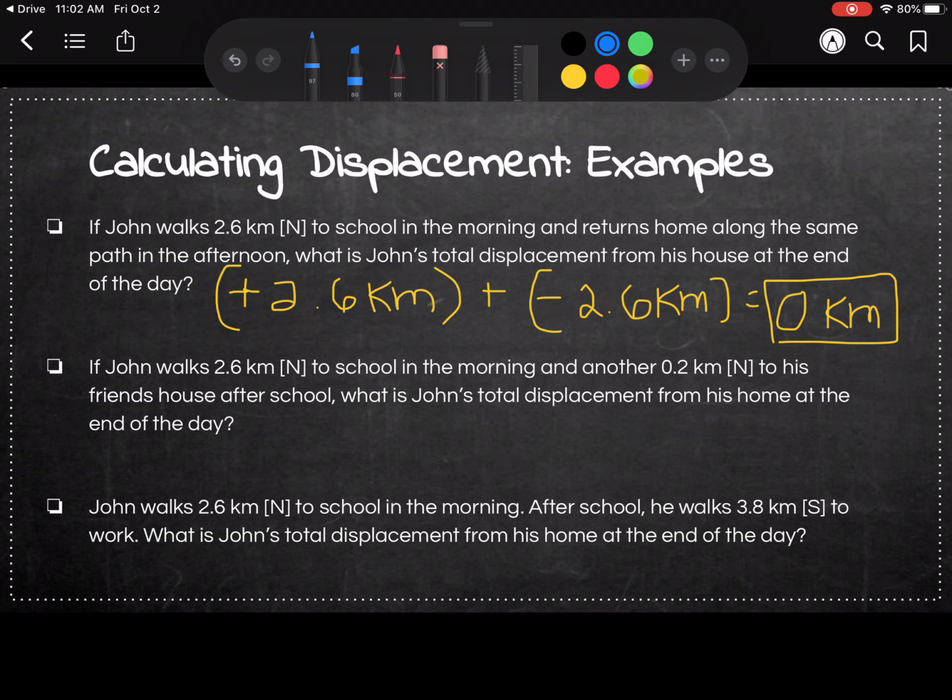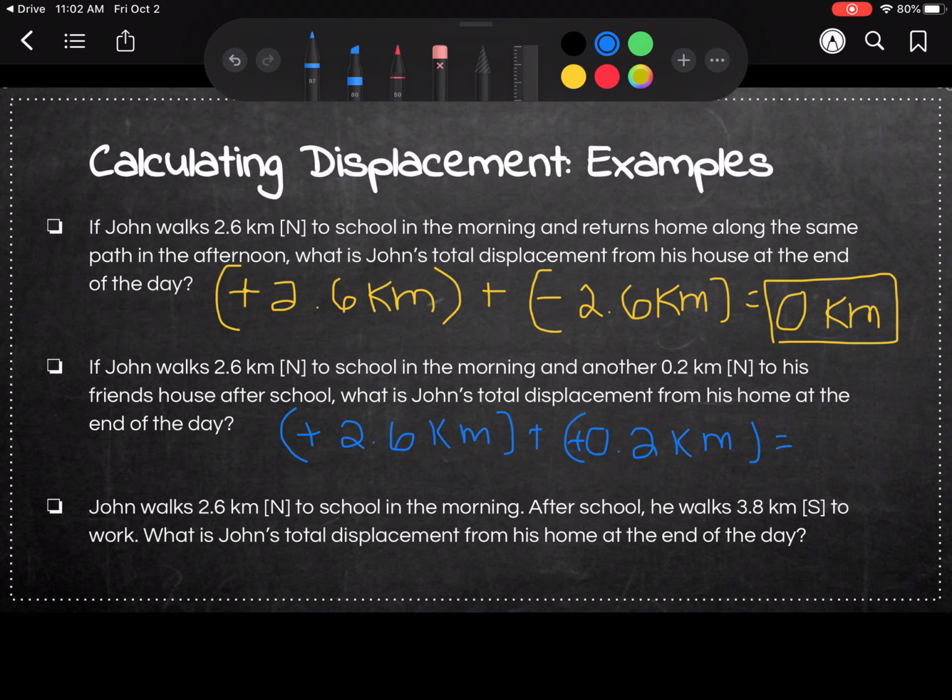If we have another one, it says if John walks 2.6 kilometers north to school in the morning, and another 0.2 kilometers north to his friend's house after school. Make sure to put that plus sign. To his friend's after school, what is his total displacement from his home at the end of the day?